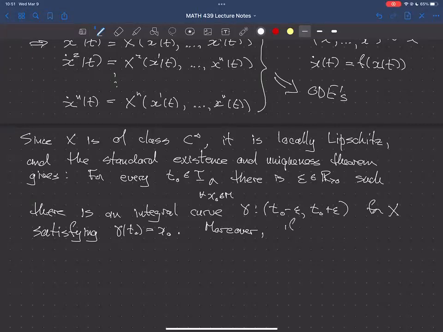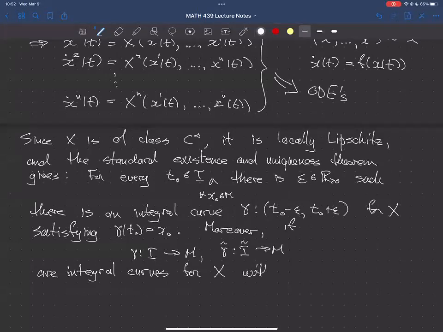If gamma from I into M and gamma tilde from I tilde into M are integral curves for x with gamma of t naught equals gamma tilde of t naught equals x naught, so they satisfy the same initial condition at time t naught, then it must be the case that gamma and gamma tilde agree.